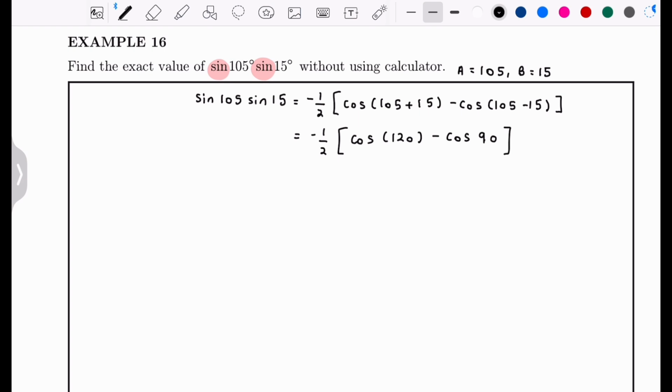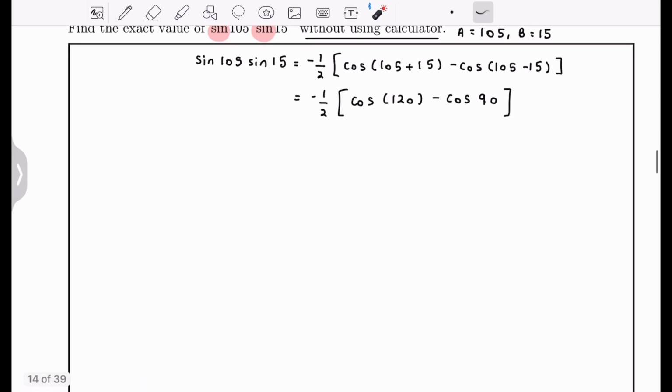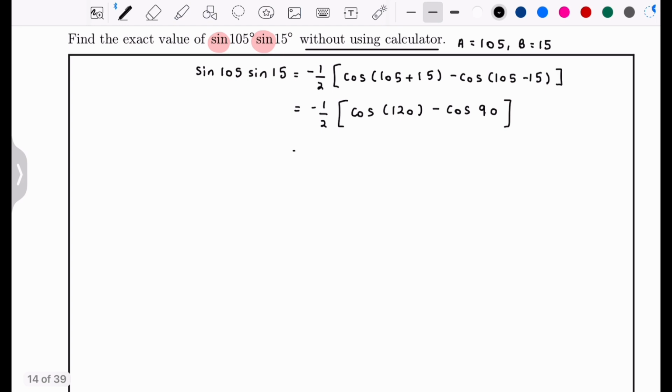Since we need to find the exact value without using calculator, first we must make sure that our angle is an acute angle. So 90 is an acute angle, but 120 is not an acute angle. So how to change into an acute angle? First, draw 4 quadrants. 120 is in the second quadrant. In the second quadrant, cos is negative.